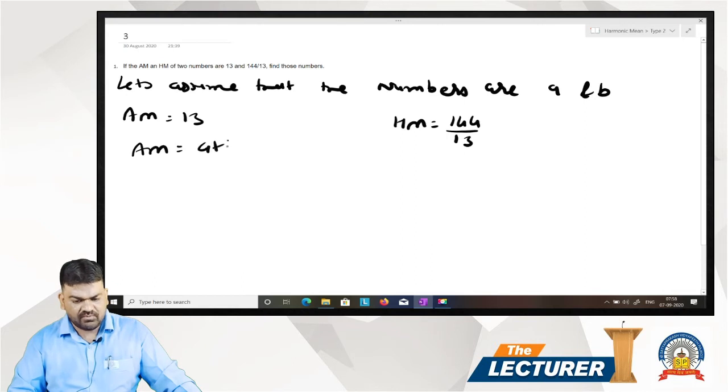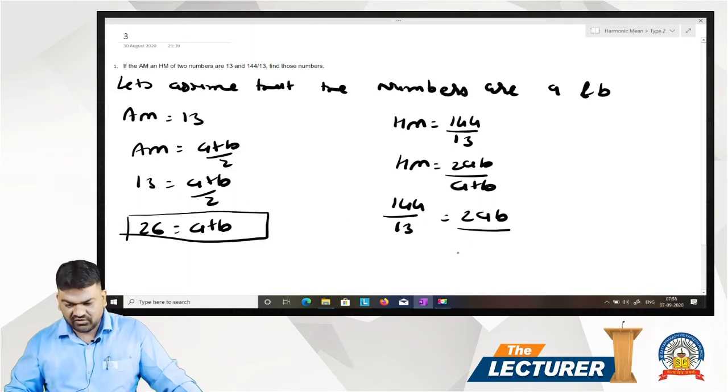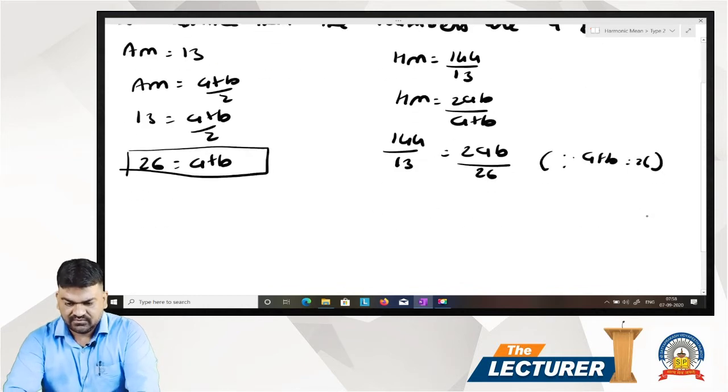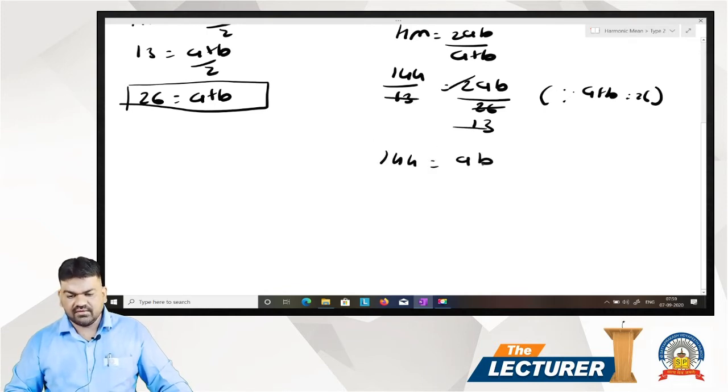AM is A plus B divided by 2, so 13 is A plus B divided by 2, so 26 is equal to A plus B. HM is 2AB upon A plus B, so 144 divided by 13 is equal to 2AB upon A plus B. A plus B is 26; 26 divided by 2 is 13. 13 cancels. So 144 is equal to AB.